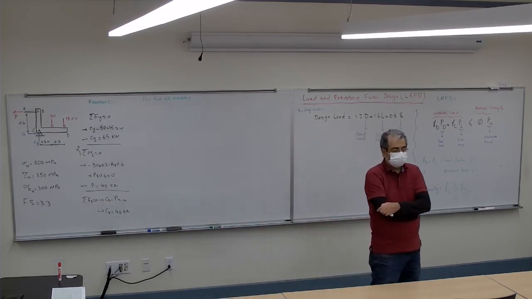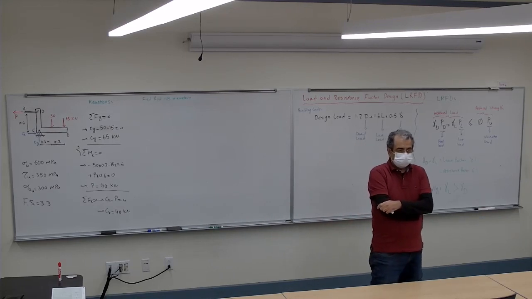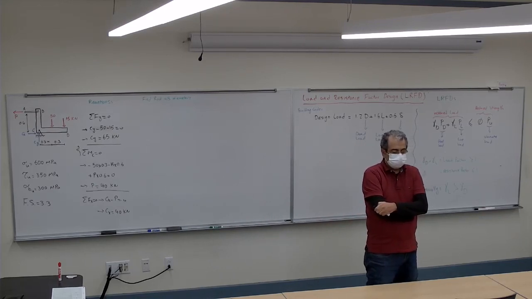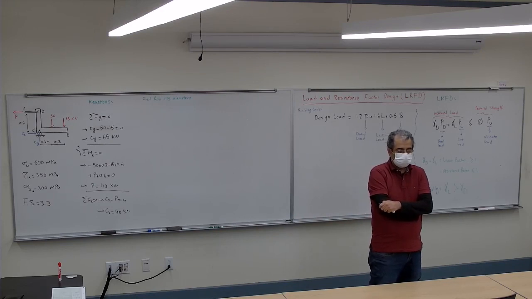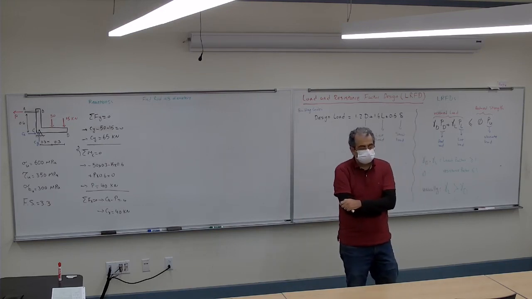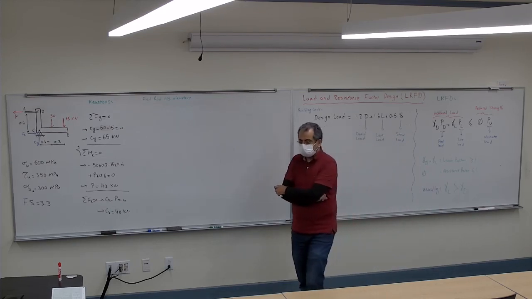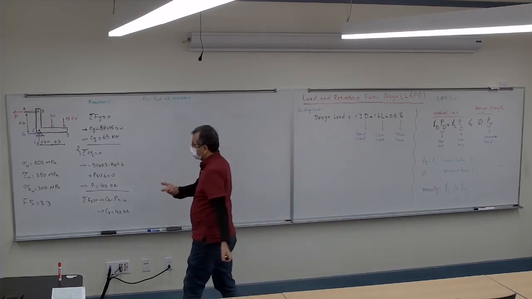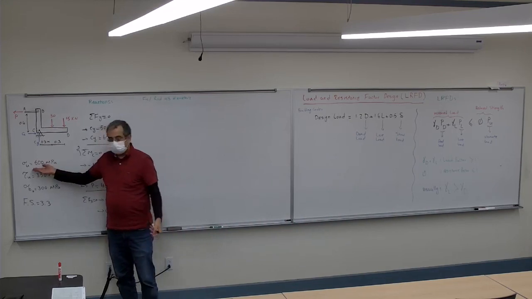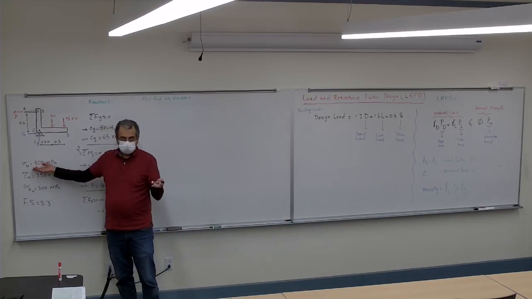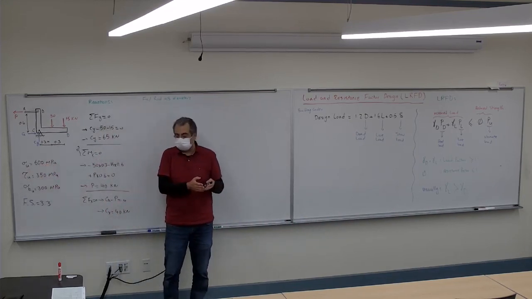So we want to find the allowable using the factor of safety, or the ultimate over the factor of safety. This is the maximum that it can handle, but we want to walk away from the maximum.